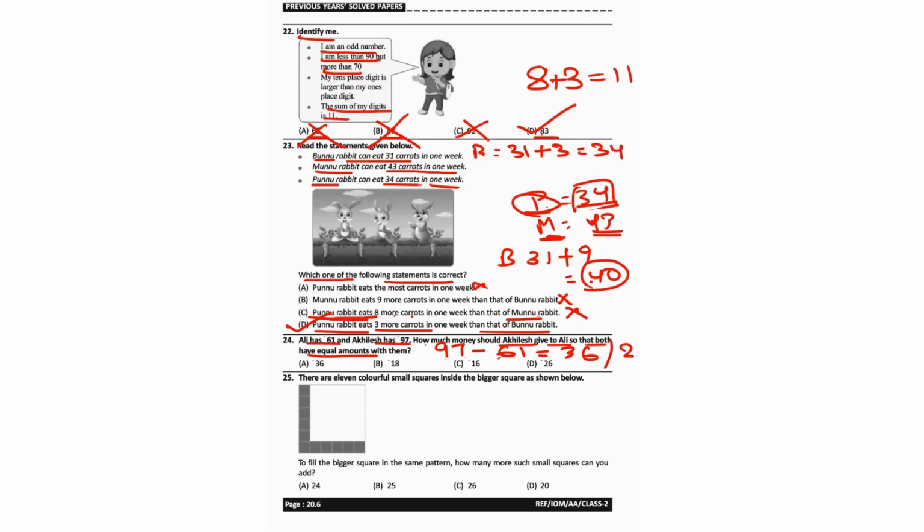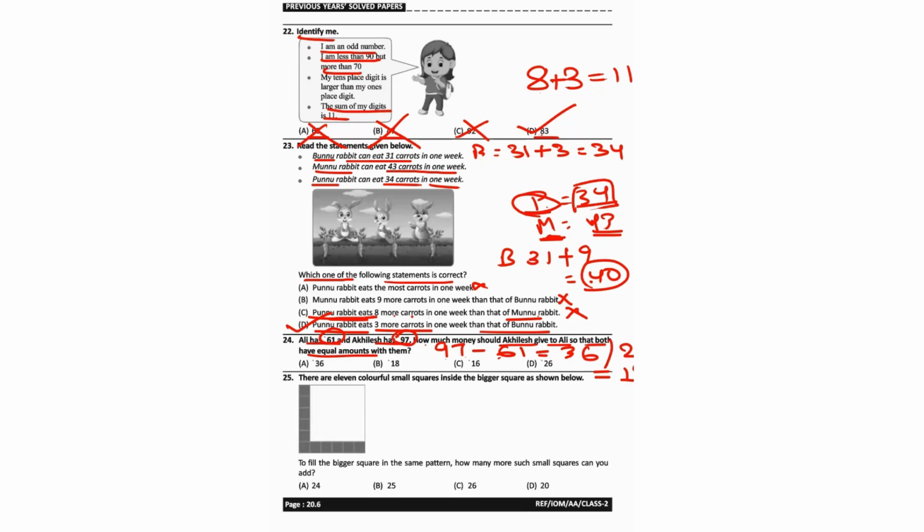Yes. So if you divide 36 by 2, that becomes 18. Now see, Ali was having 61. If you add 18 to that and subtract 18 from 97, that would give you the same amount. That's 79.